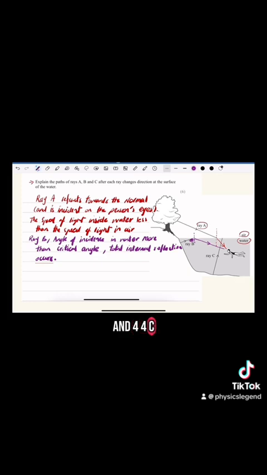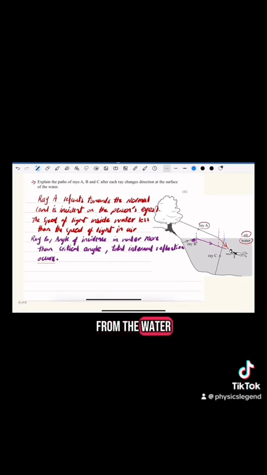For C, I draw the normal here, definitely. The ray is coming from the water with an angle less than the critical angle. So I would say the refracted ray will change direction away from the normal into the air.